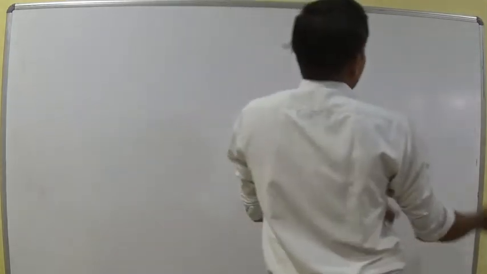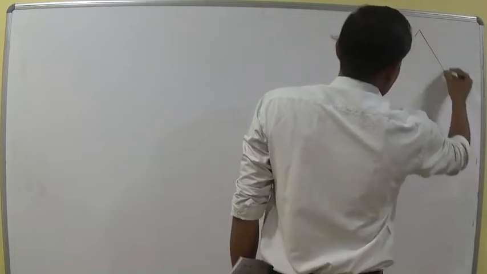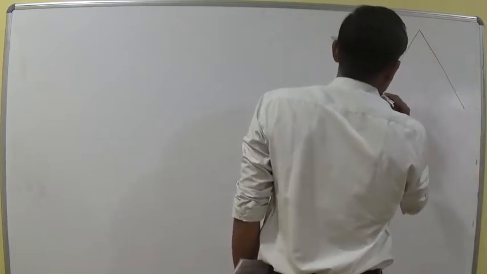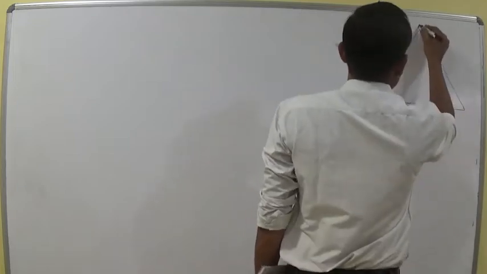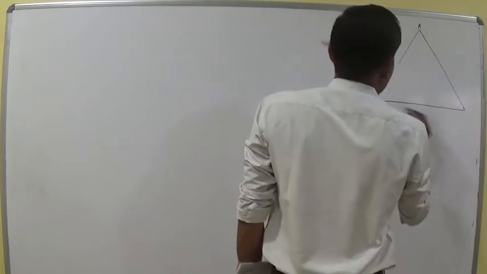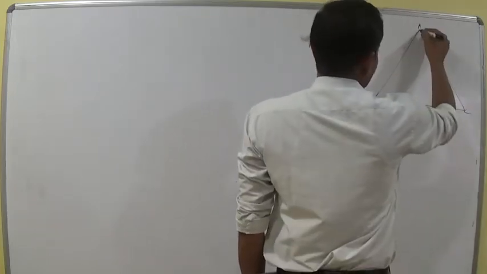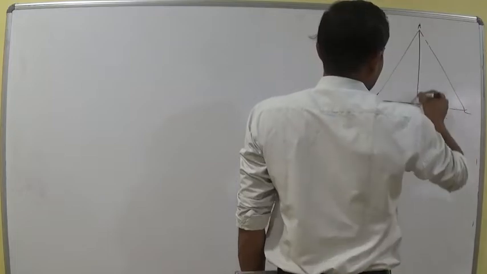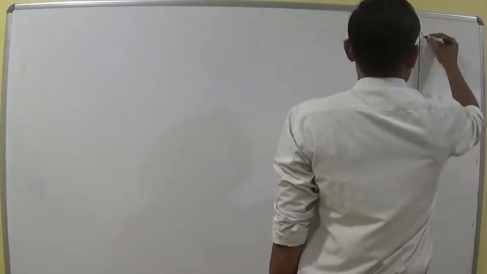Let us see a triangle. Suppose A, B, C. So the internal angle bisector of A is this, the angle bisector of A.